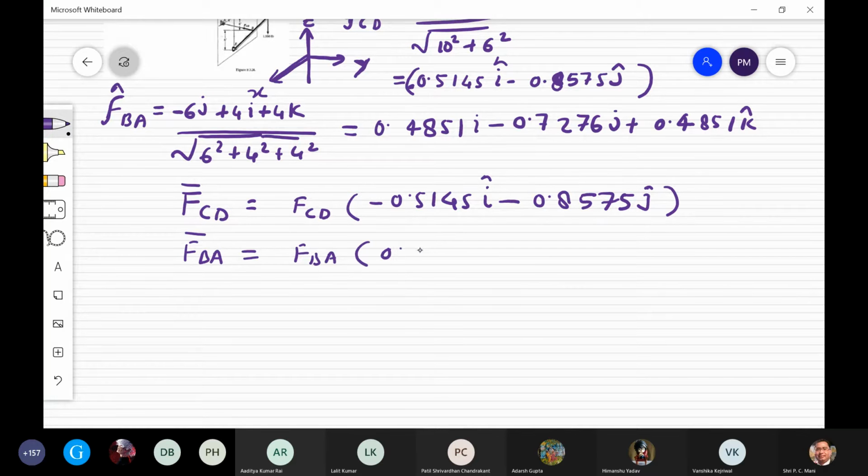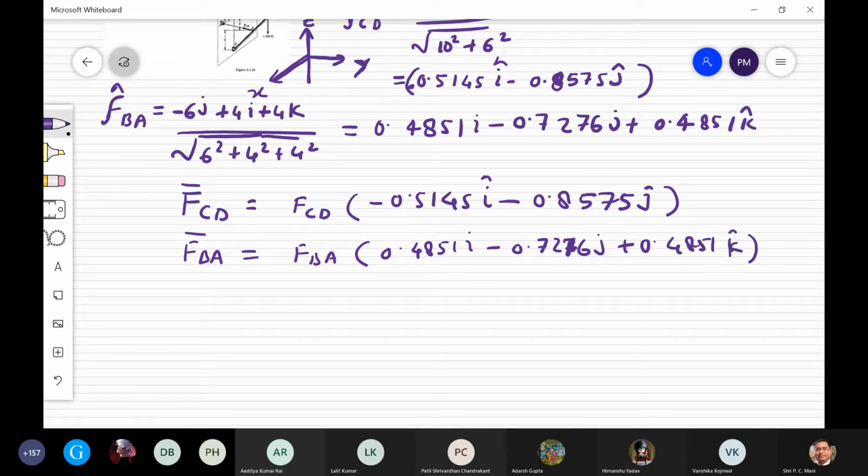Similarly you can get the value of FBA, and that is 0.4851 i minus 0.726 j plus 0.4851 k.